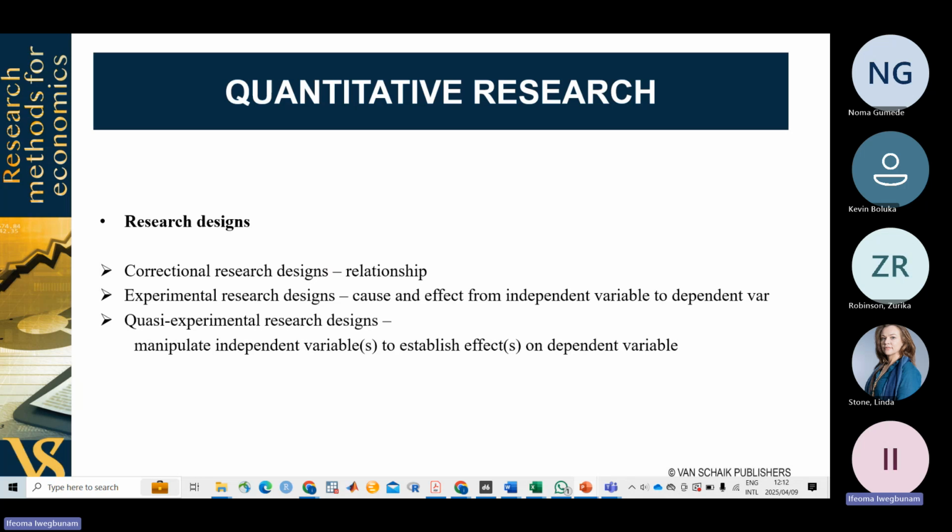And then there is experimental research design. It helps us to understand the cause and effect from the independent variable to the dependent variable. And we also have the quasi-experimental research design, whereby you manipulate the independent variable to establish effects on the dependent variable.